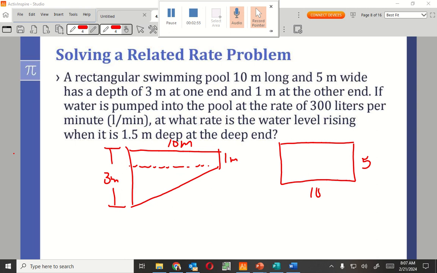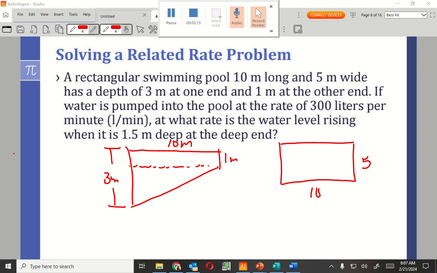If it's down in the bottom 2 meters, there's a different rate of change, because as water starts filling up here, it starts slowing down: as we keep putting more and more water, it's spreading out more and more, so it's not going up as fast.